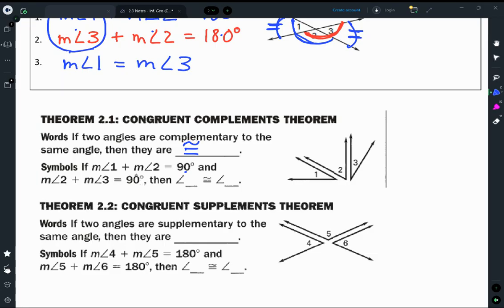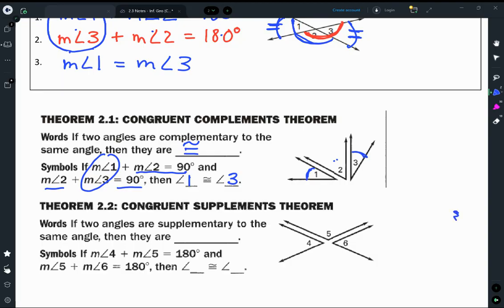So just like before, they both have a measure of angle 2 and a 90 in them. So then 1 and 3 must also have the same measure, which means angle 1 is congruent to angle 3. So this guy plus 2 equals 90, this guy plus 2 equals 90. So 1 and 3 have to be the same.